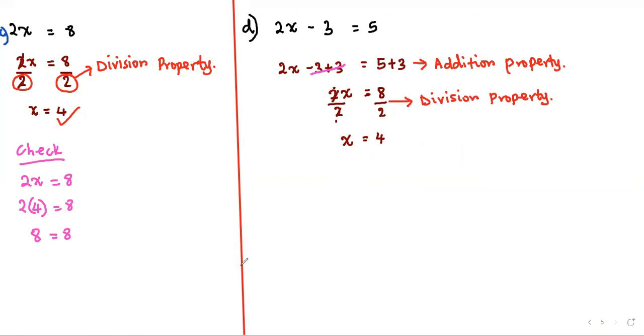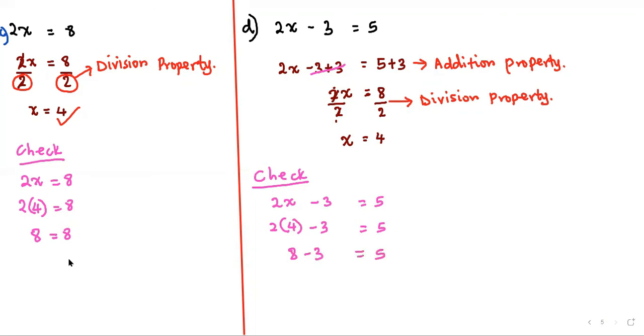Now, let's check if this is really correct. Remember, we have 2x minus 3 is equal to 5. And we know x is 4. So you're having 2 times 4 minus 3. We want to see if this is equal to 5. So 2 times 4, that is 8. 8 minus 3.